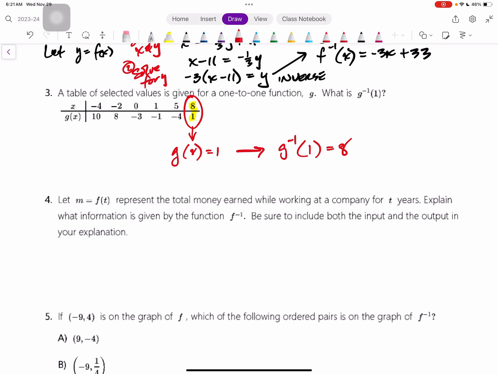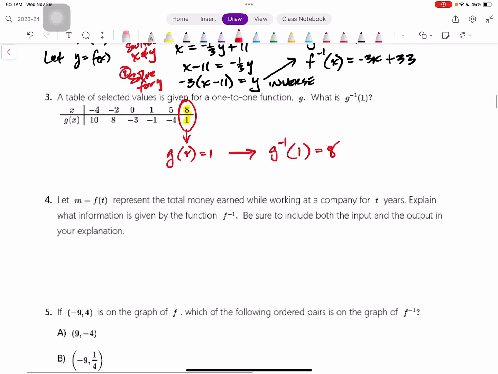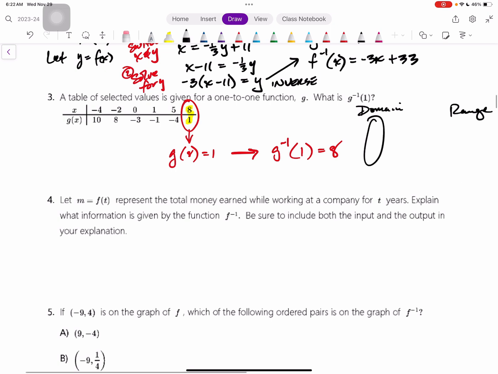That I know, because remember what a function does conceptually. If I draw a little mapping diagram, let's say this represents the domain, and over here we have the range. It's a bubble, it's a set, so size doesn't matter.